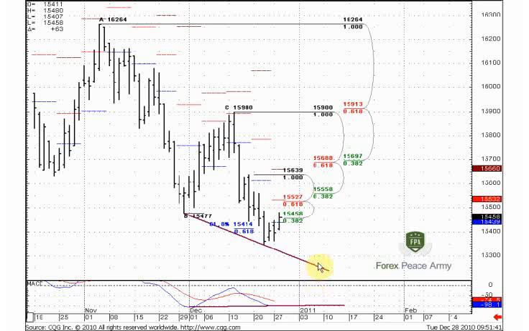Just to remind you, in this area there is a strong weekly Fibonacci support right here. And here we can see currently a bullish divergence pattern, although the MACD hasn't quite crossed to the upside.